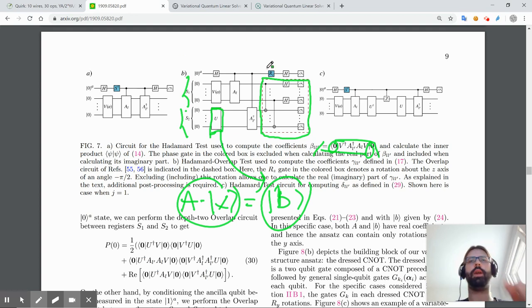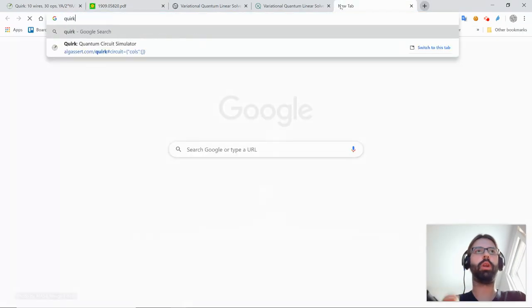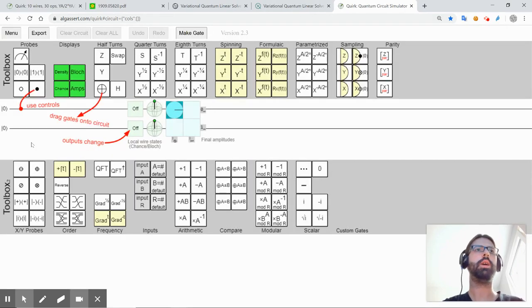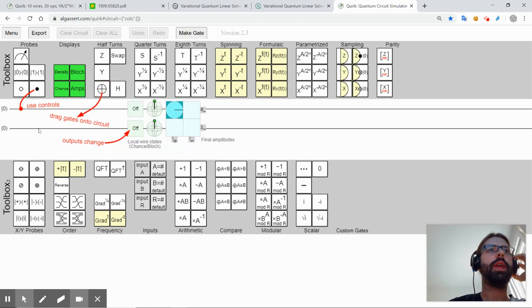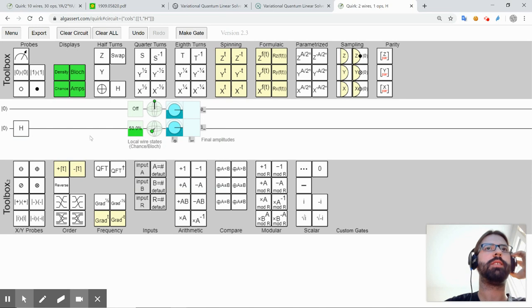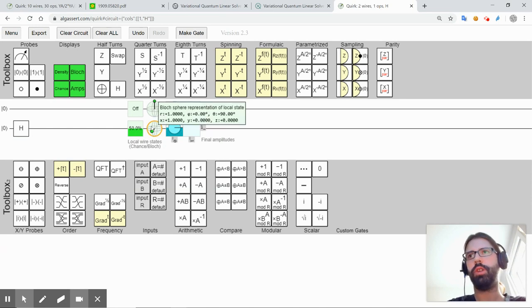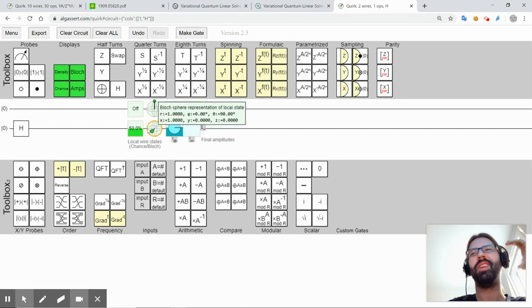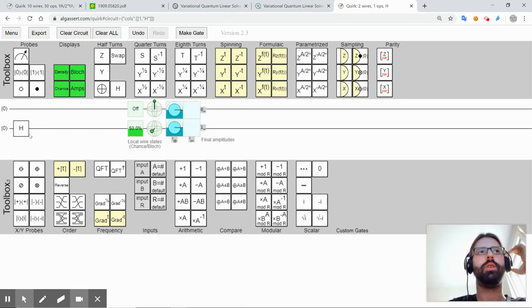So let's open Quirk. Let's do a quick test here. So if I go to the plus state, now in the plus state, the projection onto the Z observable, I hope I'm using the right words, in this case is 50-50.